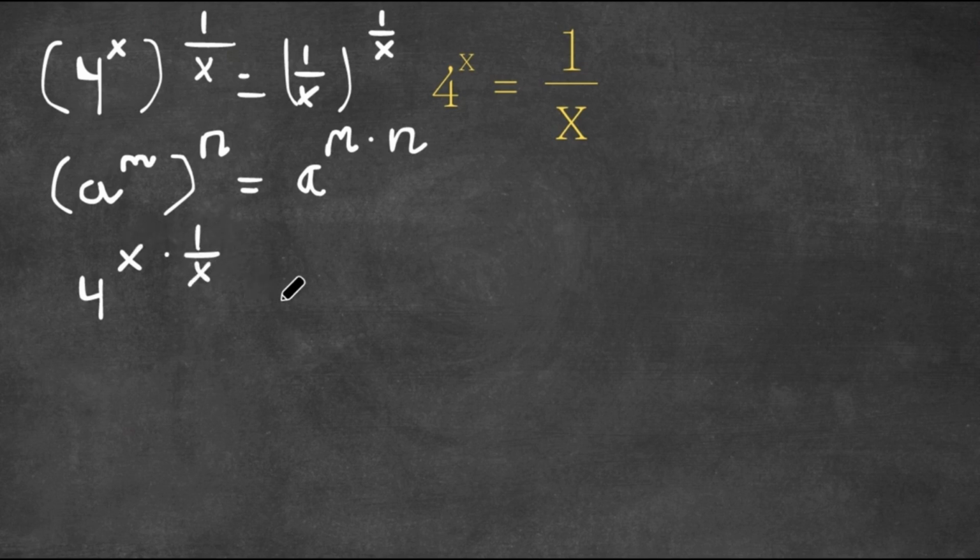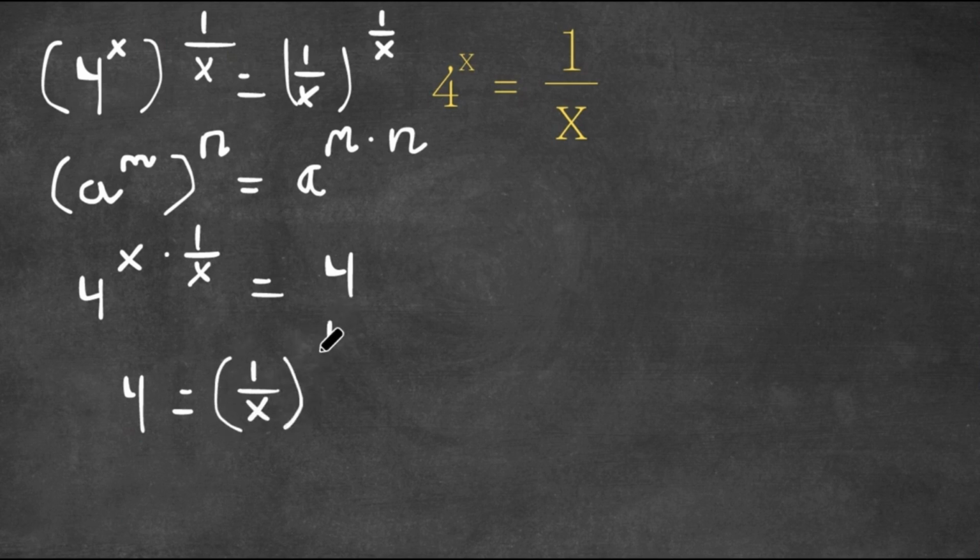And x times 1 over x is simply just 1, so this would just be 4. So now we have 4 is equal to 1 over x to the power of 1 over x.